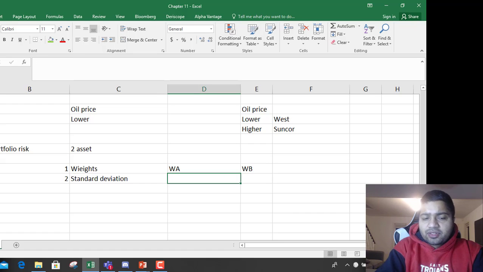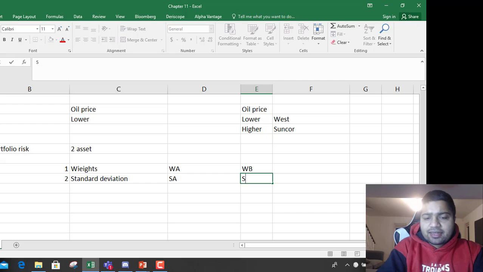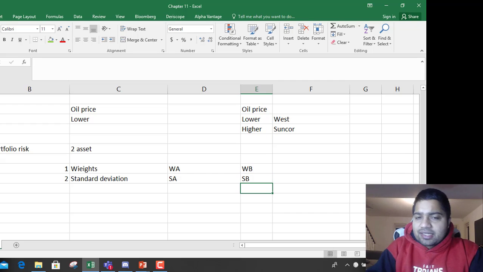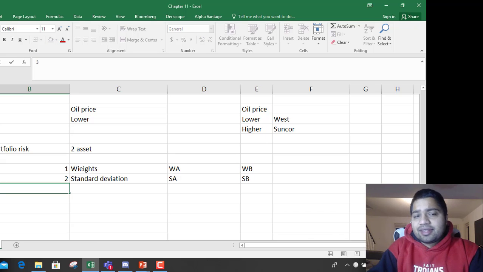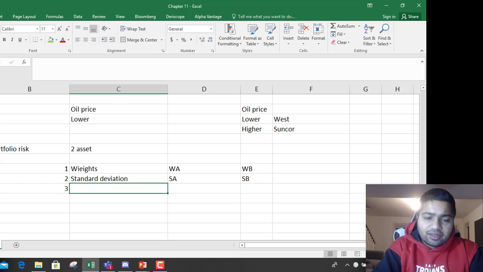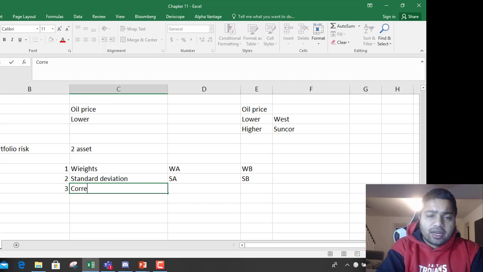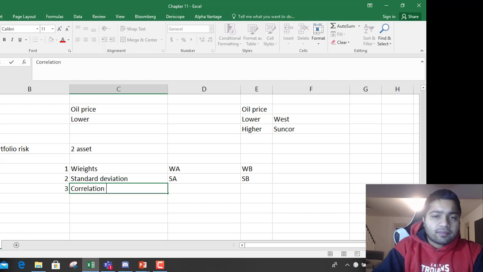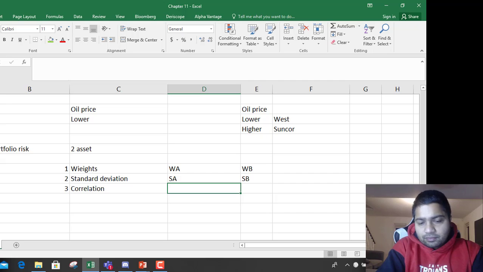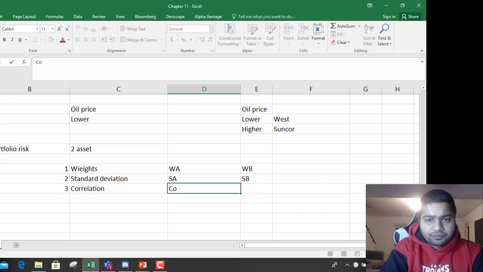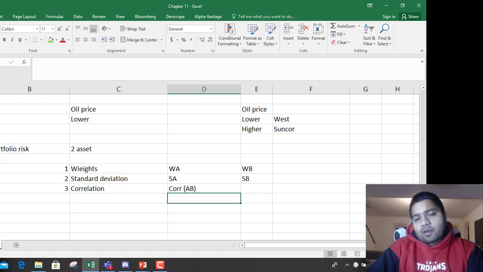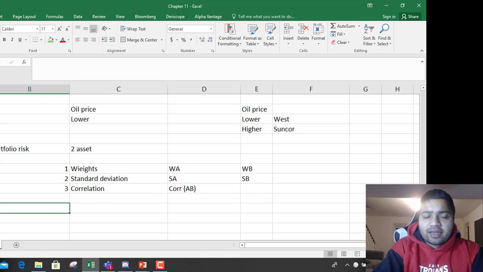So you have to find out standard deviation A and standard deviation B. We discussed in the last class how to calculate standard deviations if not given. Generally they will give you. And third, it also depends on correlation, the correlation between A and B.